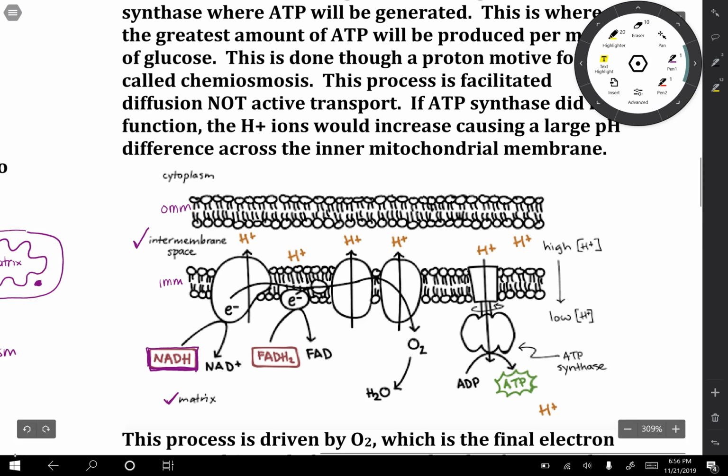And what it's going to do is two things. One, it's going to drop off its electron.